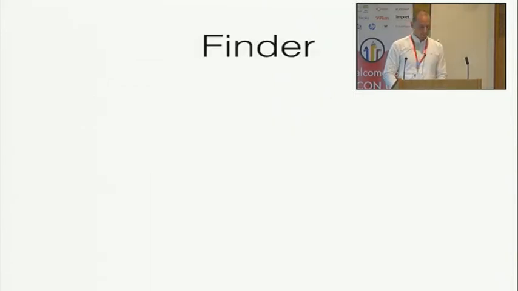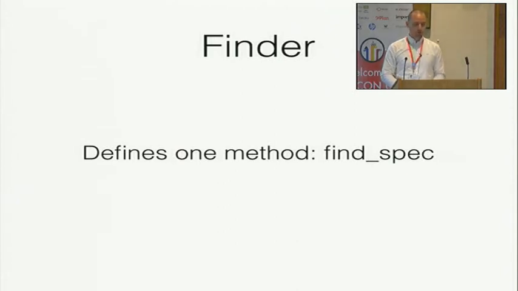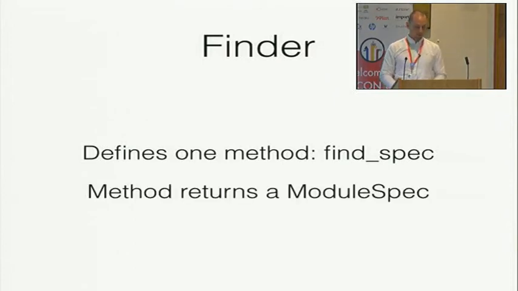Okay, so I promised to explain what finders are. Actually, they are very simple interfaces. They need to specify only one method called find_spec. And this function should return something called a module spec.